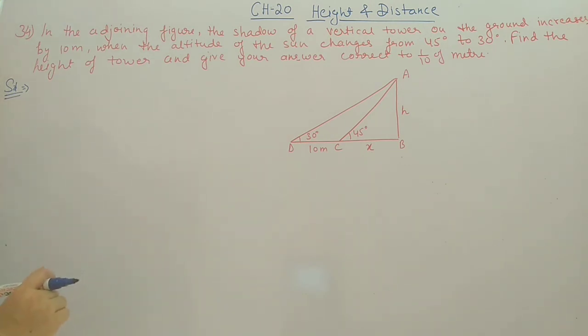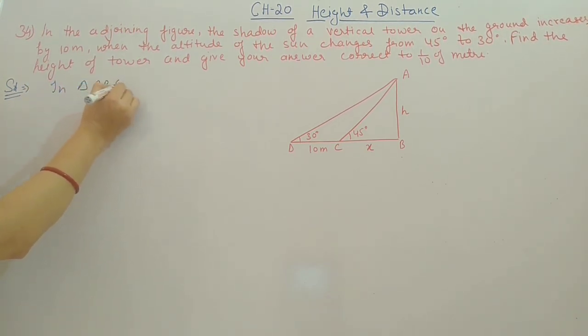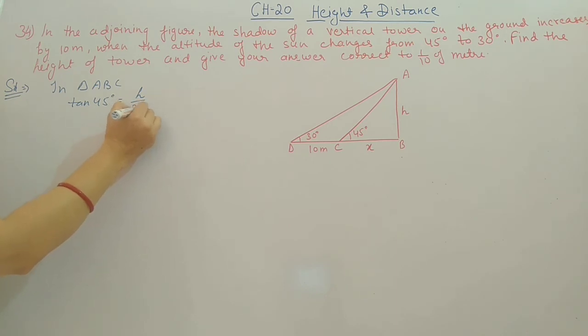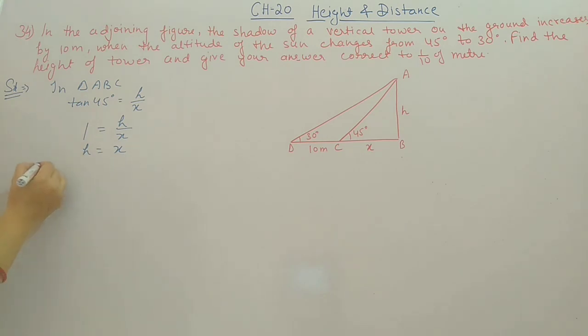So two right angle triangles are there. First we will take triangle ABC. Tan 45 is equal to height by base. Height is H here and base is X. The value of tan 45 is 1. 1 is equal to H by X, or we can write H is equal to X. Now we will take another triangle.